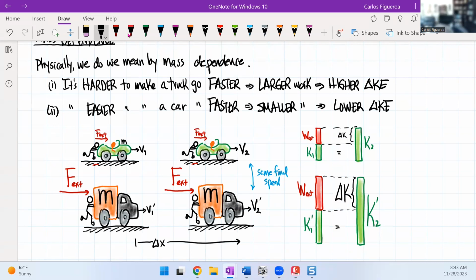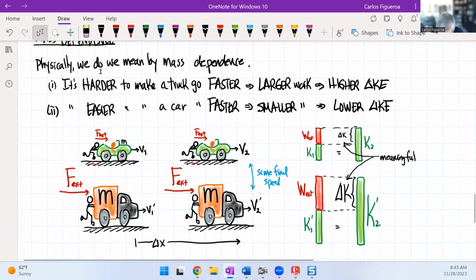And once again, this is the only meaningful thing we can say. So it took more work, and therefore it had a bigger change in kinetic energy with the truck than the car.